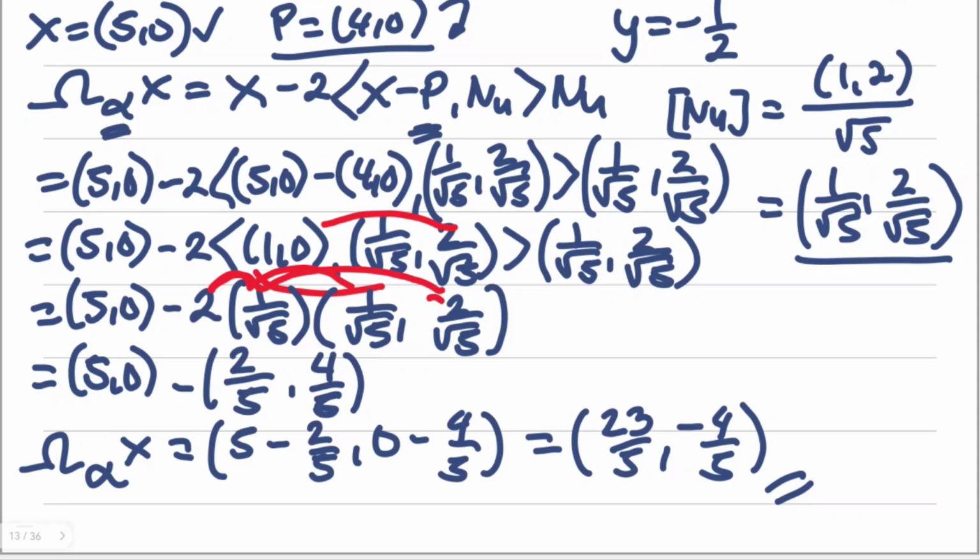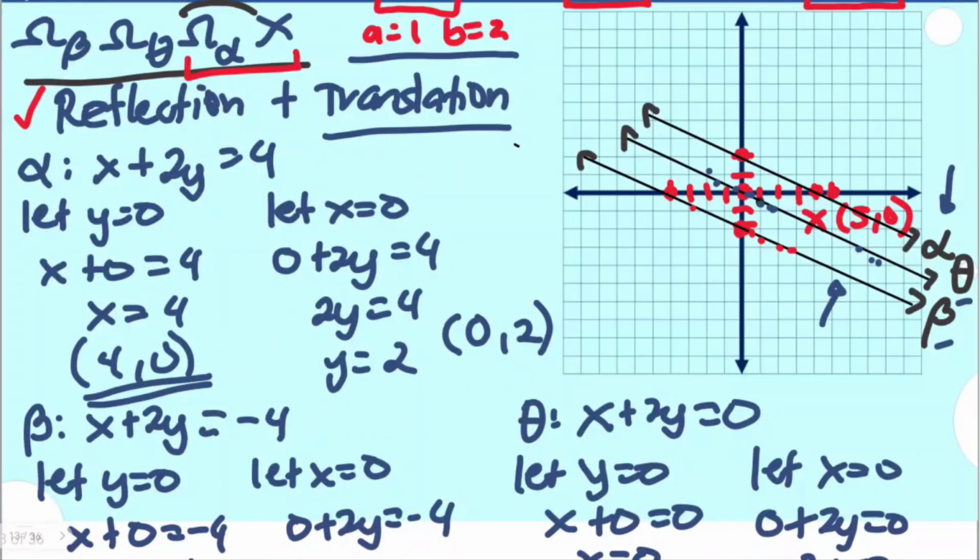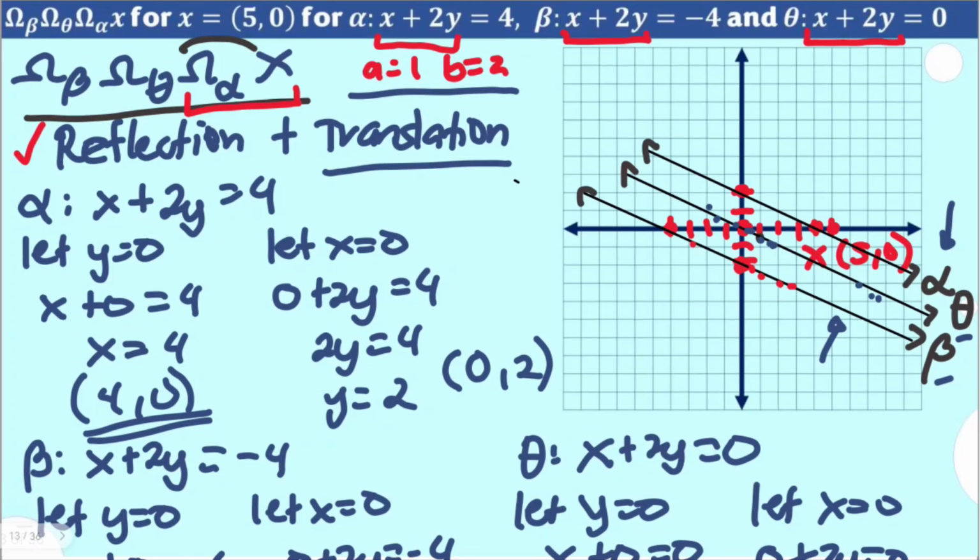If you would like to continue with the three reflections, reflect this into the second line, which is theta rather, and the result will be reflected to beta, and the final result will be the three reflections. But this time, allow me to use translation. Because as I'm done with the first reflection, I'll be using that reflection for a translation.